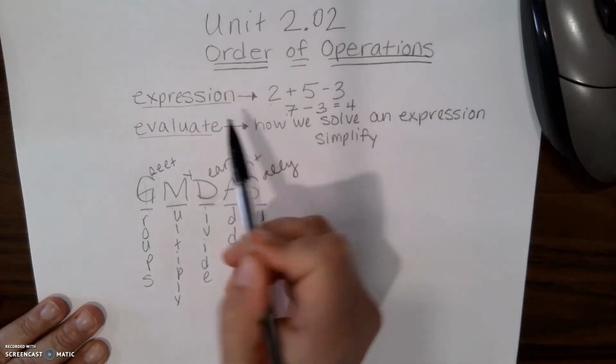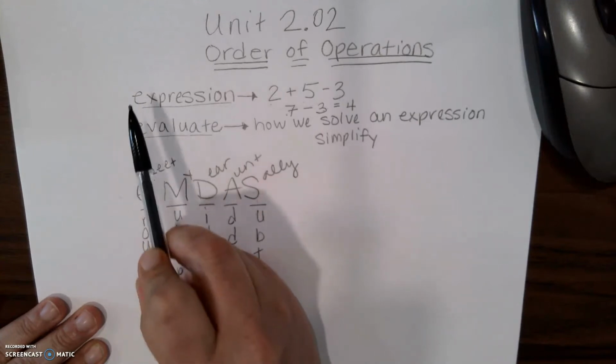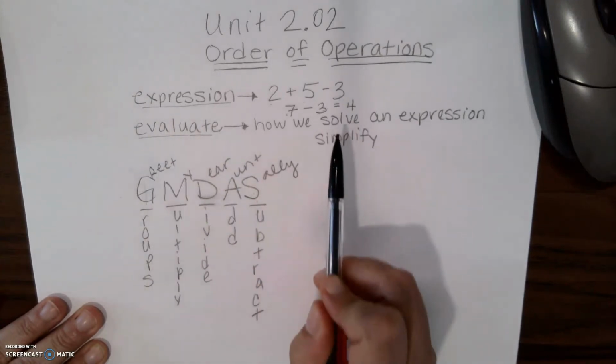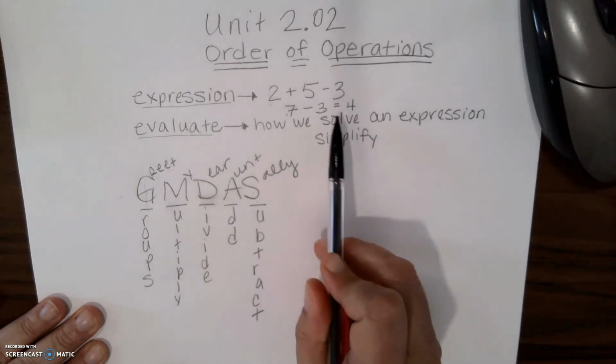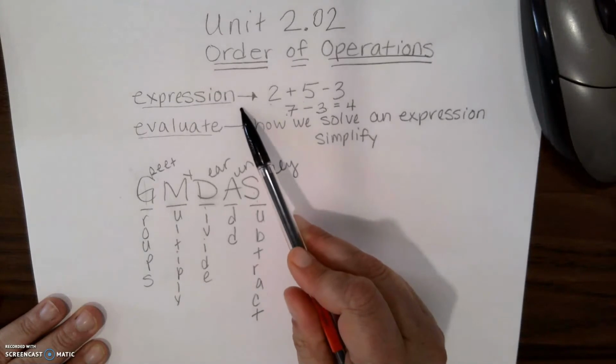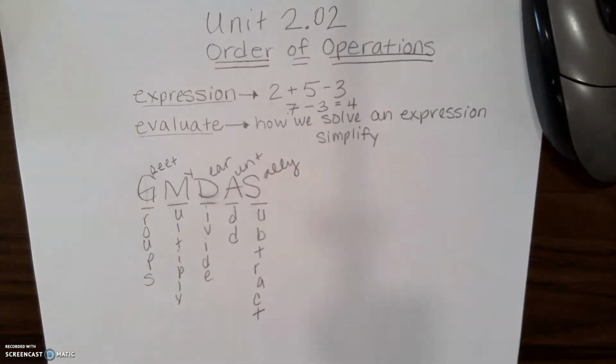So when you see the term evaluate the expression, that means we are simplifying or solving a number expression, a number sentence, okay? So that's where we are on Unit 2, Lesson 2.